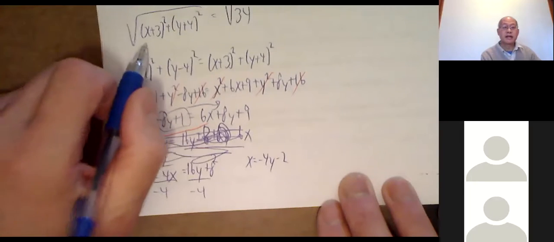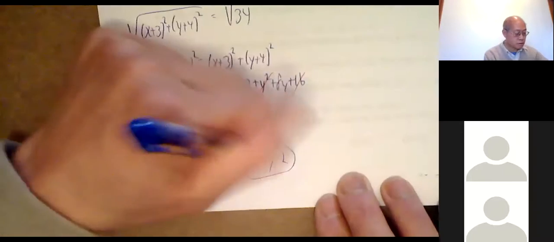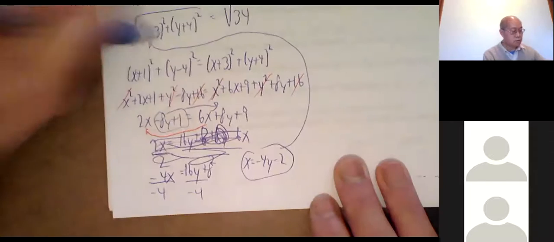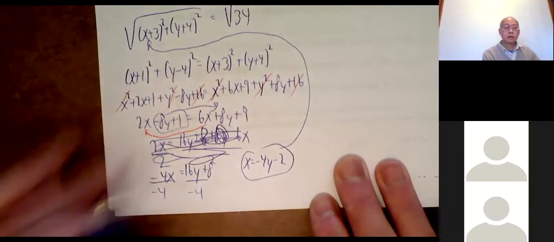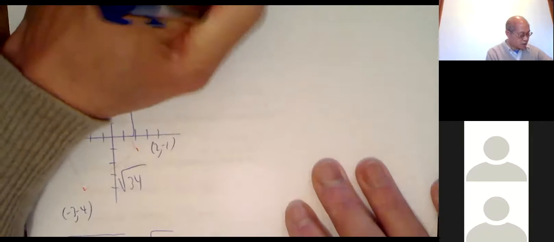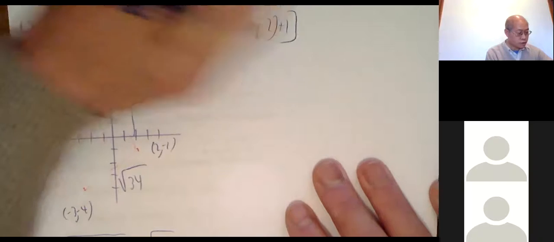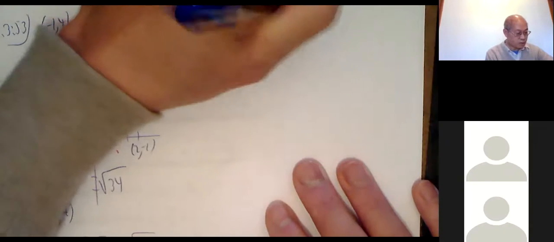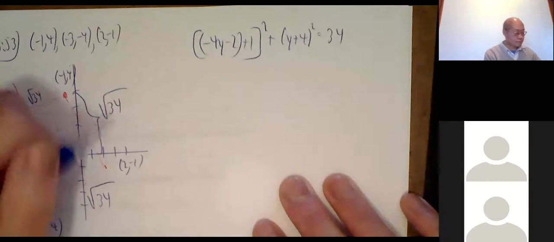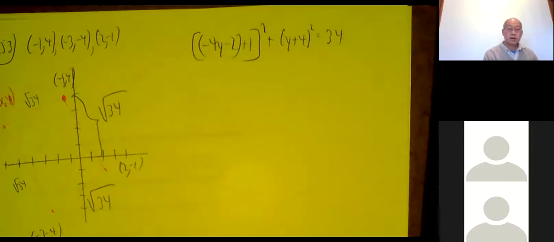Okay, I plugged that back into, let's say, here. And it's going to look like this. So negative 4y minus 2, that's x, plus 1 squared plus y plus 4 squared equals 34. So what am I doing?